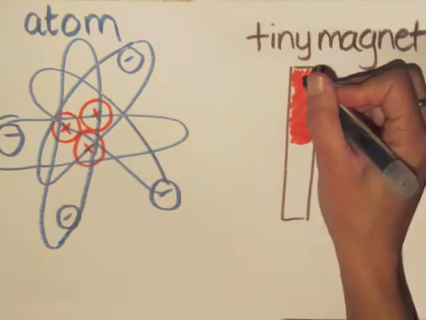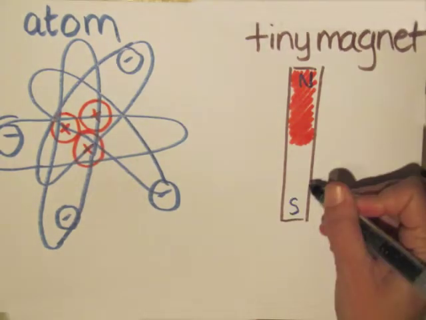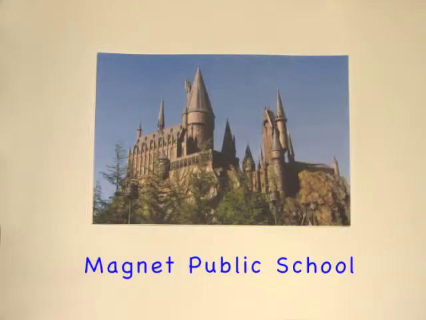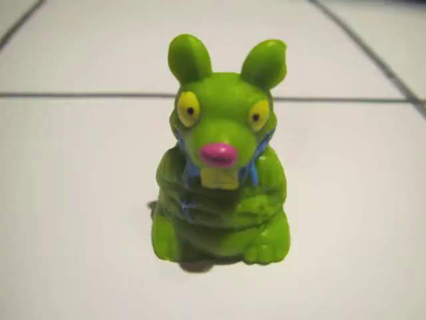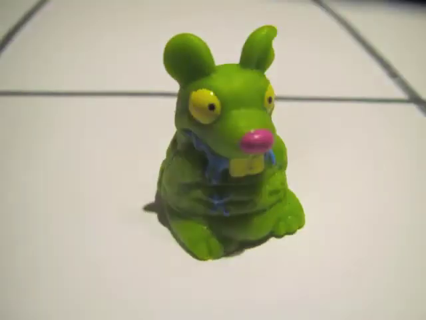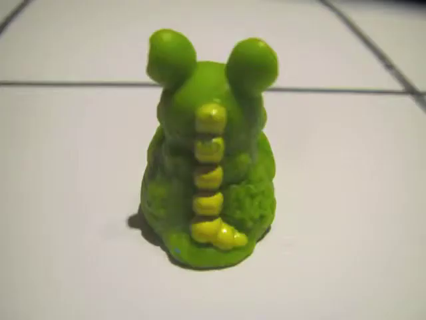One way of thinking about the domain theory of how a magnet works is to imagine Magnet Public School. The school is made up of classes of children. Each child has a north face, its north, and the back of its head, its south, and so it behaves like a tiny magnet.